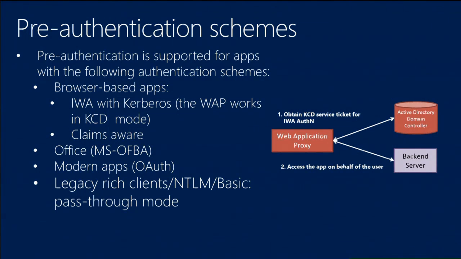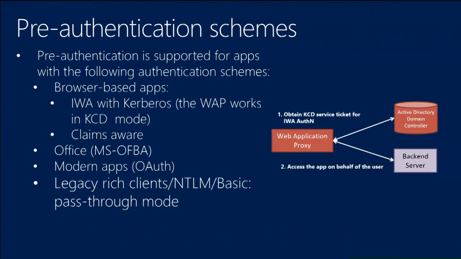People don't often think about that, but I would claim that most enterprise line of business applications today expect Kerberos authentication. They were built to be used within the corporate network. What Web Application Proxy allows you to do, and that's what I'm trying to draw in the image here, is to come from the device, externally over the internet, and eventually get translated to KCD mode.